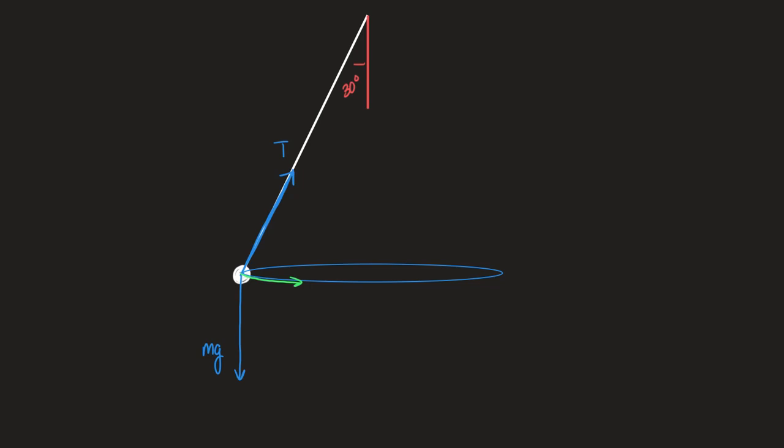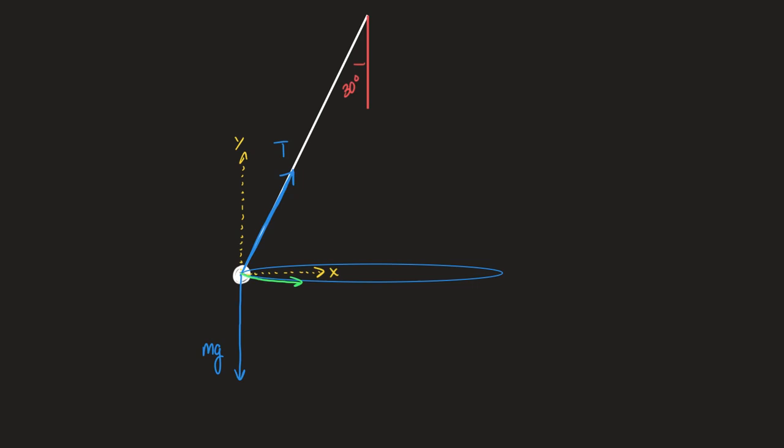In order to break this up, I'm going to choose a coordinate system that has a component that is directed towards the center of the circle. That's what you need. We want to make sure that we have our acceleration pointed towards the center of the circle. So I'll have this be my X direction and this be my Y direction. The tension is going to be broken up into two components.